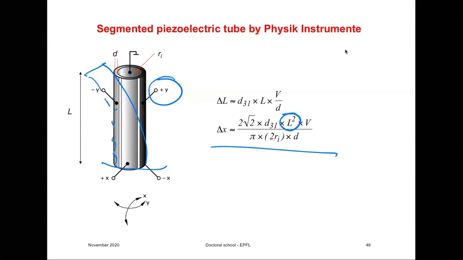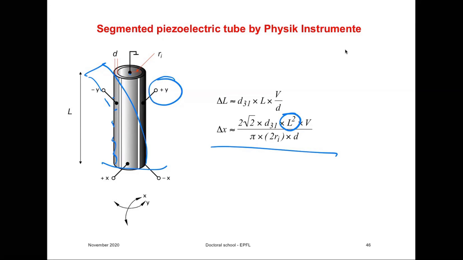The interesting thing here is that these tubes are actually rather inexpensive to make. You can get them by extrusion or even by machining. However, when you buy one for your AFM or a piezo force microscope, the scanner is in the thousands of euros or dollars or francs. They get very expensive.